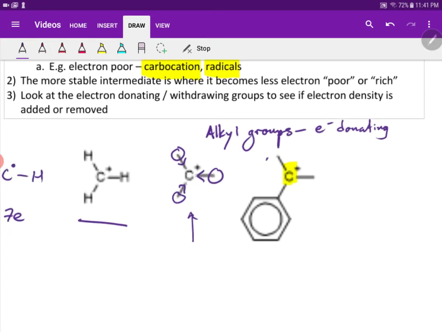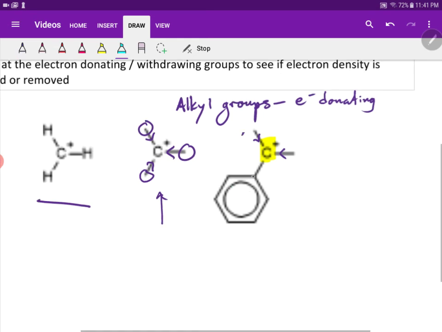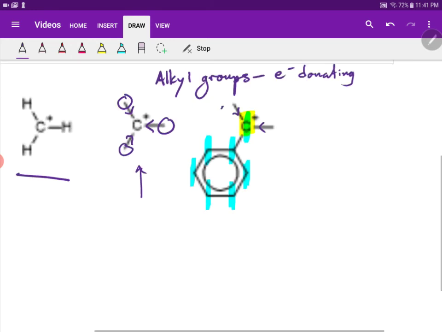If you take a look at the last example, we know that it has 2 electron donating alkyl groups, and at the same time, we also learned in the previous lesson on delocalization that the electrons in this ring actually flow out into this carbocation ion. So this ring's electrons will flow out here. This allows a stronger stabilization of this positive charge.